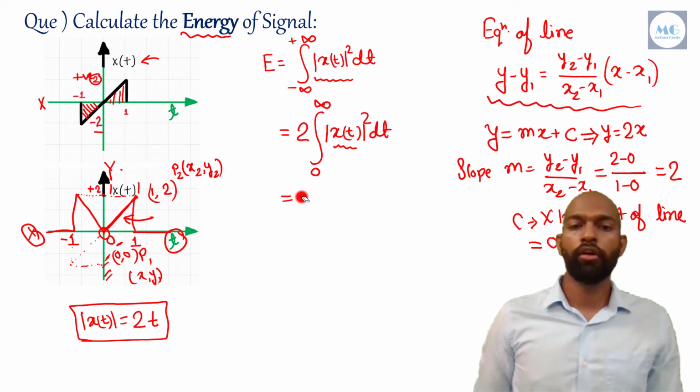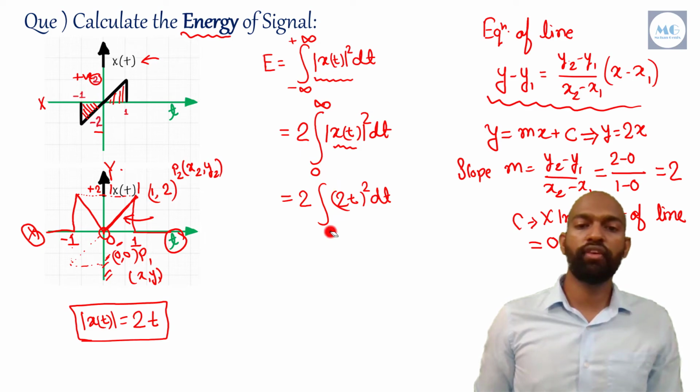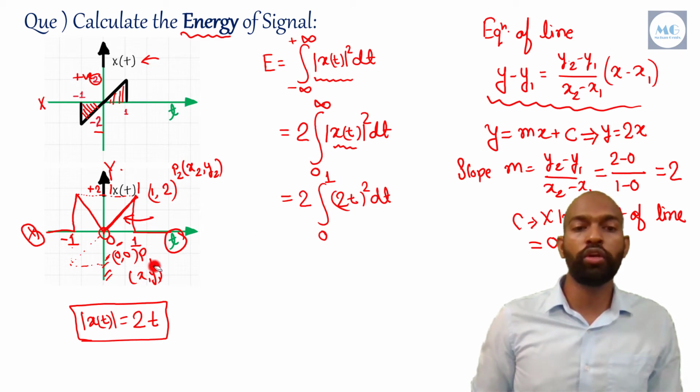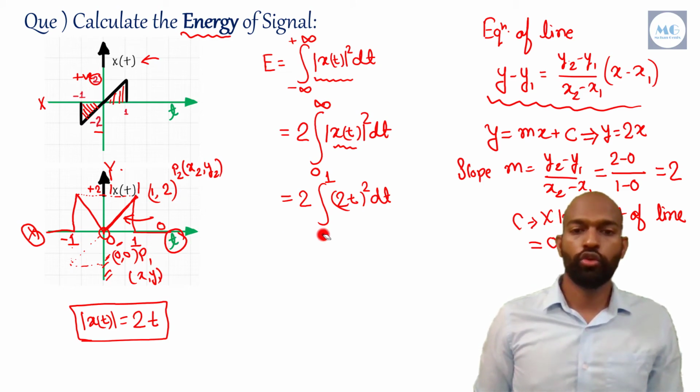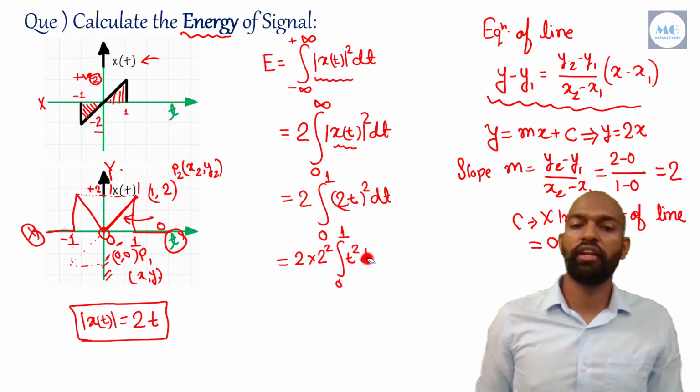Then it will become 2 times the integration of (2t) square dt, and the limits will be 0 to 1, not infinity, as from 1 to infinity its value is 0. That's why we are not writing that part of the signal. So it will become 2 into 2 square, which comes out as it is a constant, and integration from 0 to 1 of t square dt.